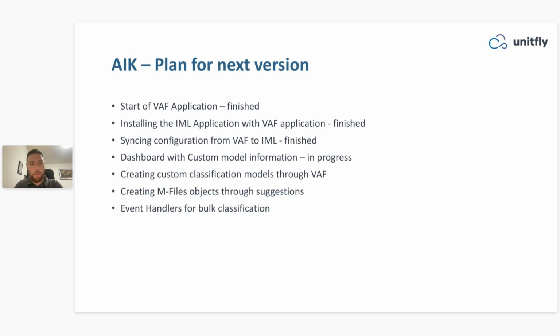We also know that M-Files has a classifier. We also have it here, and you can choose not to use it. But we wanted to have the option so that when you start using the AI Kit, maybe you will have a lot of documents that are not classified, or you will import documents from disk, from SharePoint, or from some other place where documents are not stored with metadata and classified.